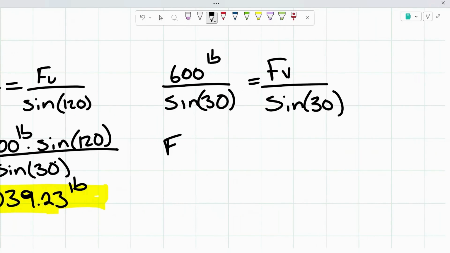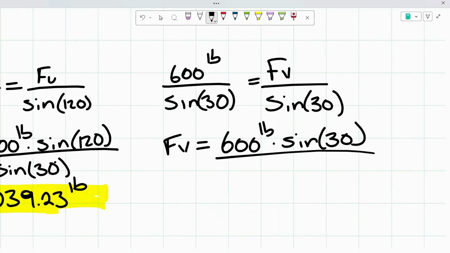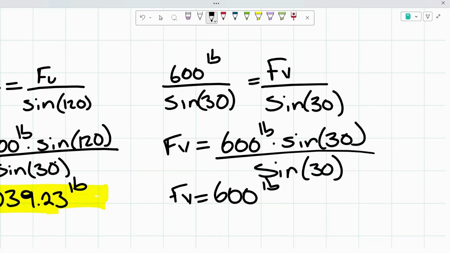So from that, we just got to solve for F of V, and that should give us 600 pounds times sine of 30 all over sine of 30. And then we're going to input that into our calculator. 600 times sine of 30 all over sine of 30 should give us 600 pounds.